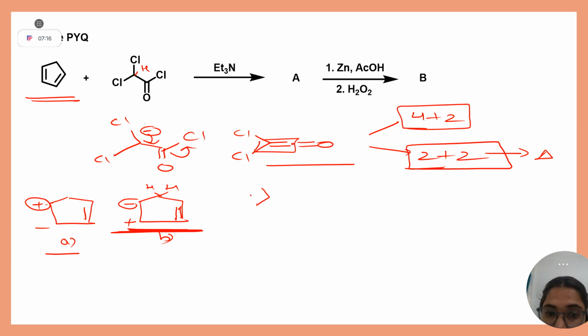Now tell me, student, you have to take this olefin in the picture. Here what charge will come and here what charge will come? I think on the halogen side it is negative and on the double bond side it is positive, right? Yes.